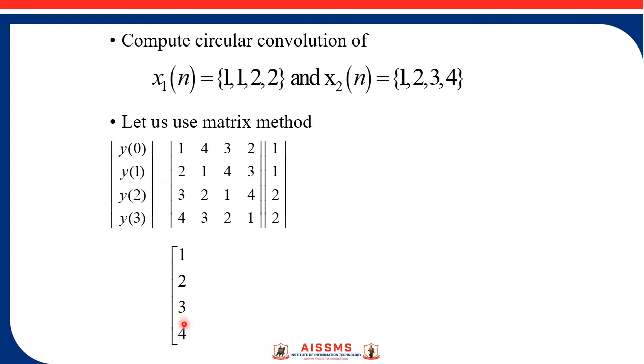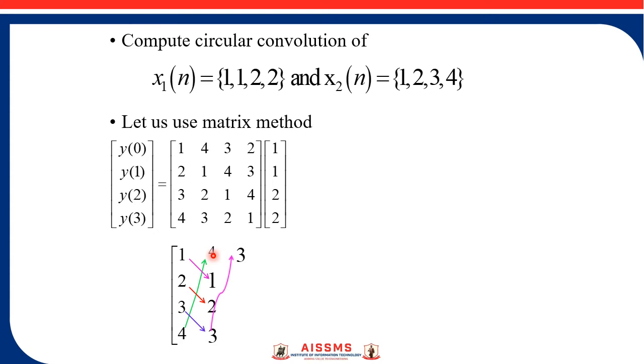Then the last element of the first column becomes the first element of the second column. And the other elements are diagonally shifted. So the second element of the second column is the first element of the first column. Then this 2 will come over here and this 3 will come over here. Now this 3 will become the first element of the third column.